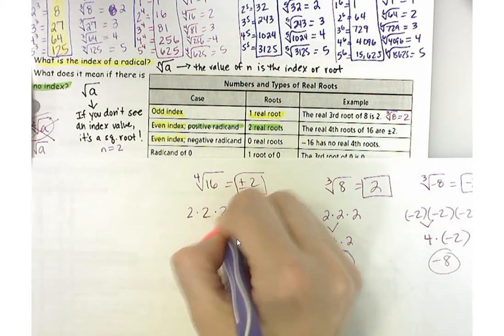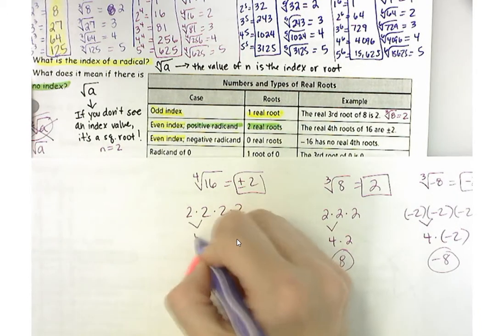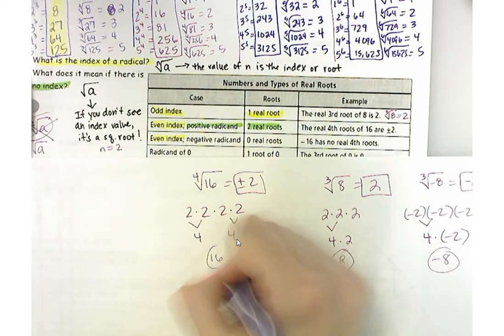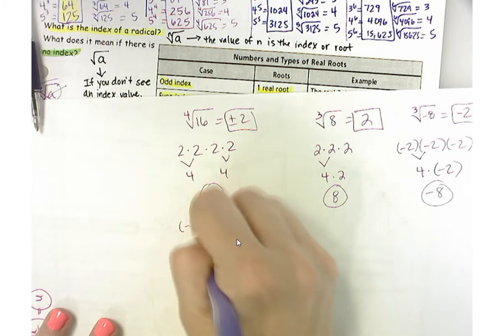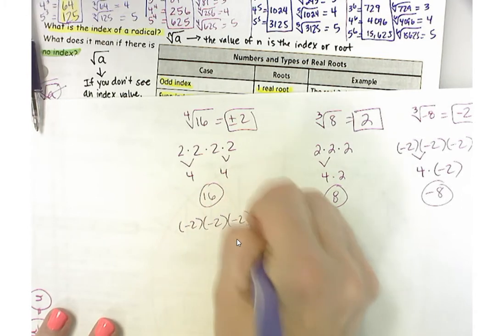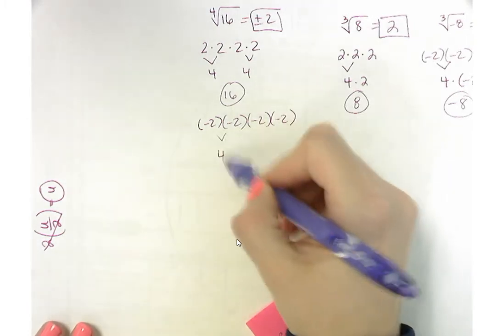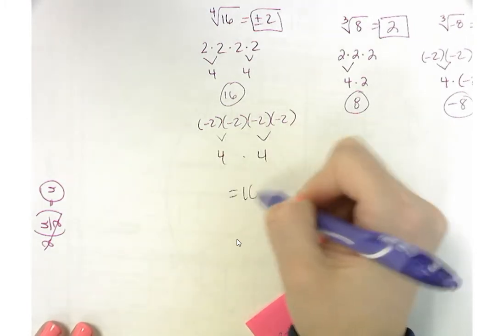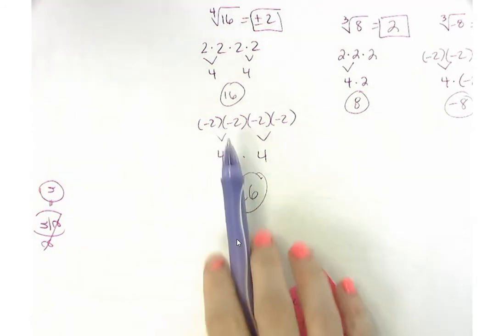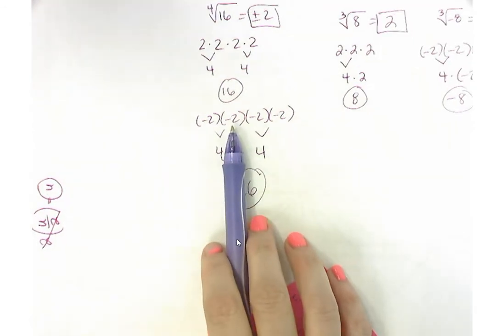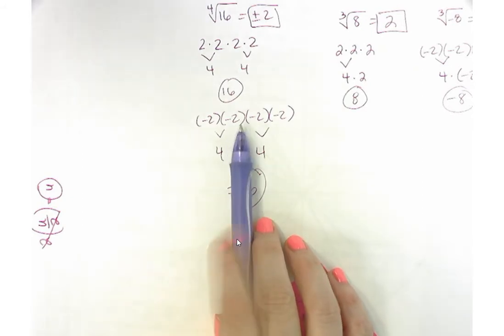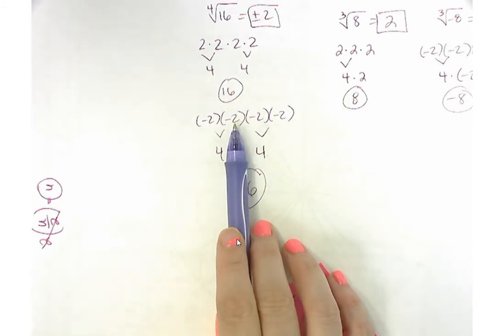So it's still 4 times 4, which is 16. This all has to do with odd and even roots and having your positive and negative multiplication rules. So if you're multiplying an even amount of negatives, you'll always get a positive. If you're multiplying an odd amount of negatives, you'll always get what? A negative. Okay? And that's just based on something you know. A positive times a positive is a positive. A negative times a negative is also a positive.